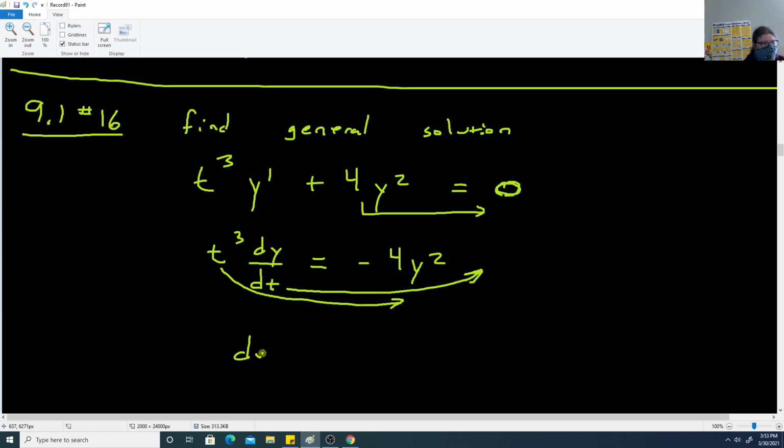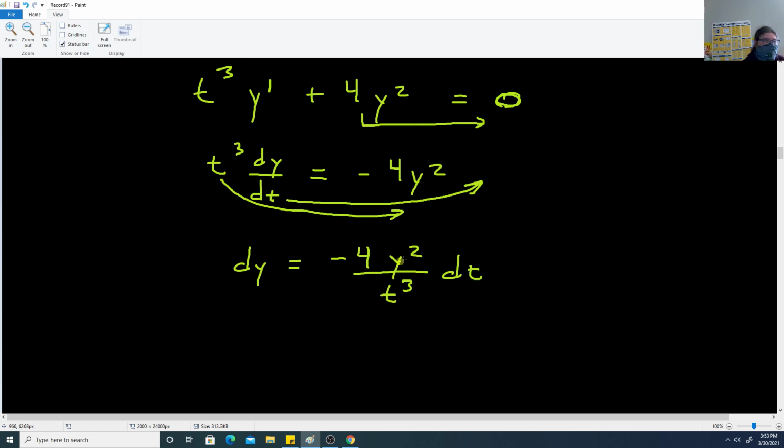So we get dy by itself equals negative 4y squared over the t cubed. So we divided the t cubed on over, and the dt has slid on over as well. The y squared up top, I need to divide back through by y squared, so I'll end up with 1 over y squared dy equals negative 4 over t cubed dt.